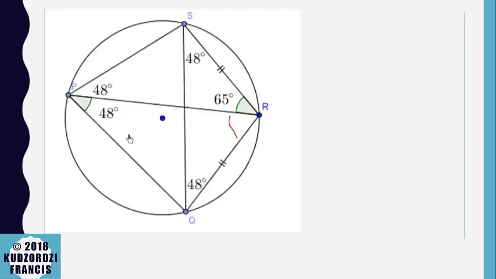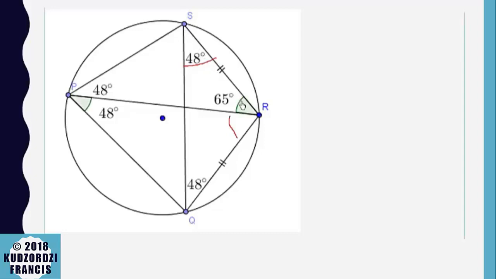Chord RQ subtends a 48 degrees angle over here, and this same chord subtends an angle in the same segment over here. So this angle too is 48 degrees, because the angles are in the same segment.